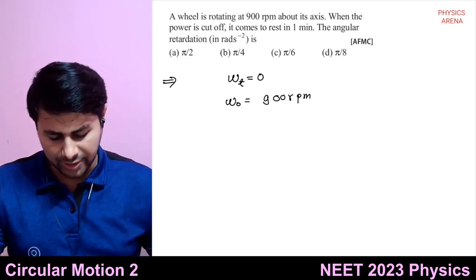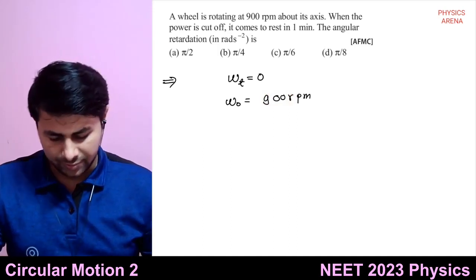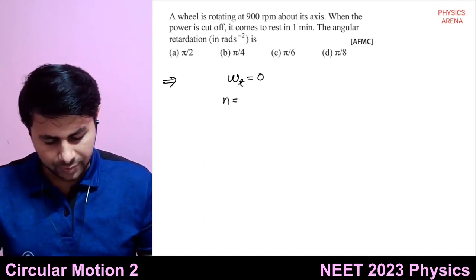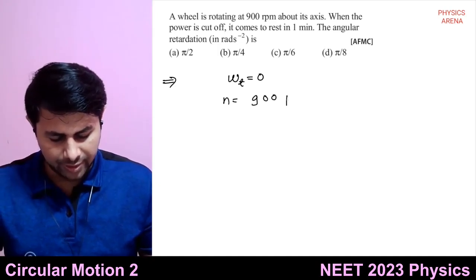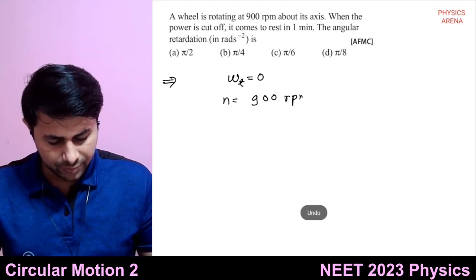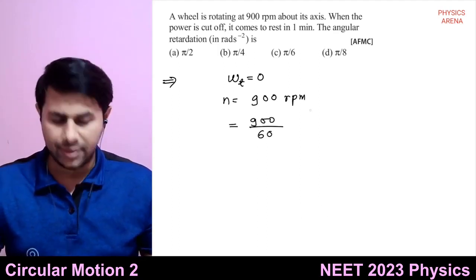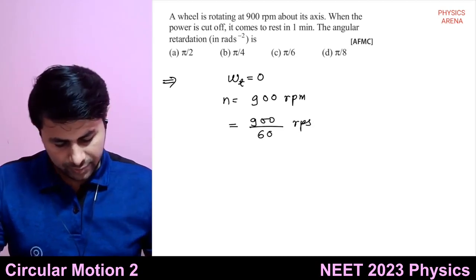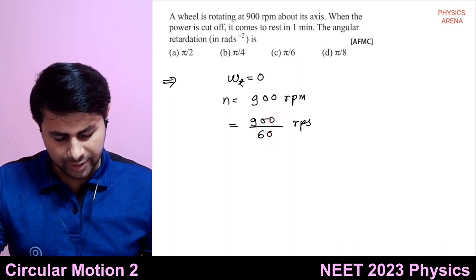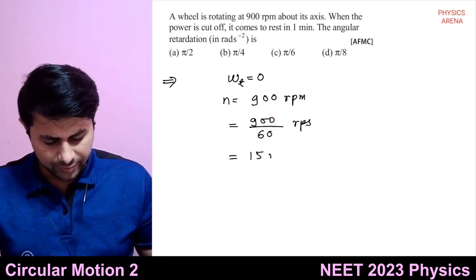So n is 900 rpm; convert it to rps. 900 divided by 60 is 90 by 6, that is 15 rps.